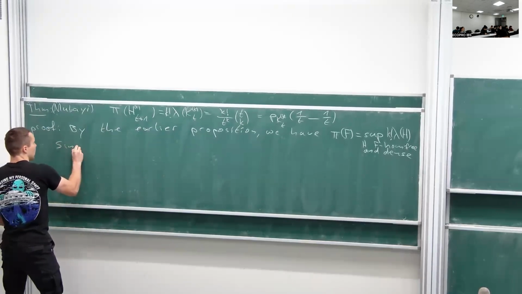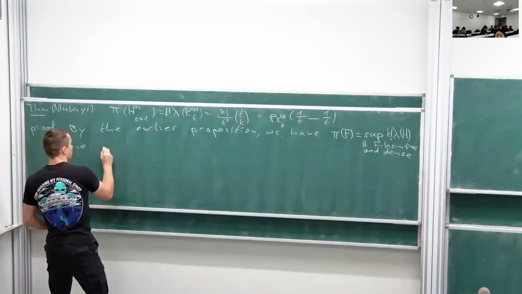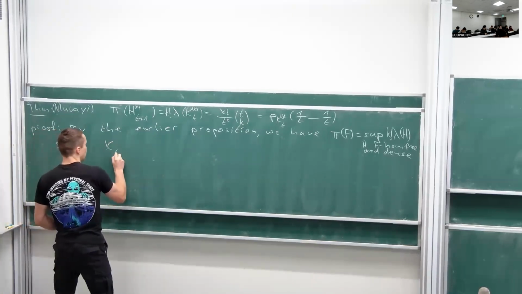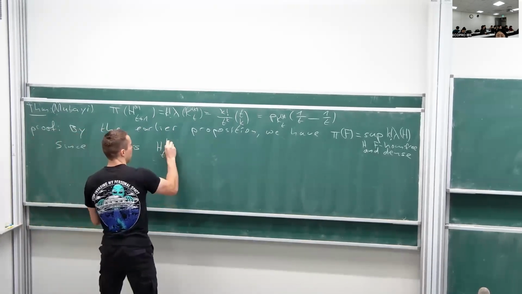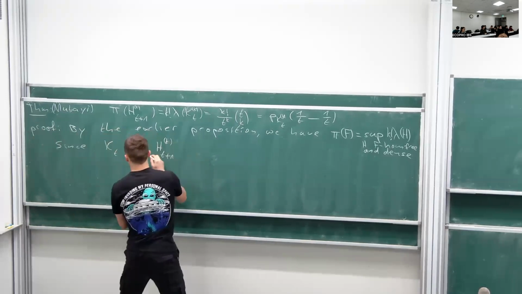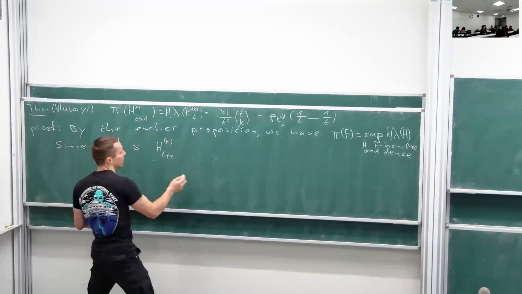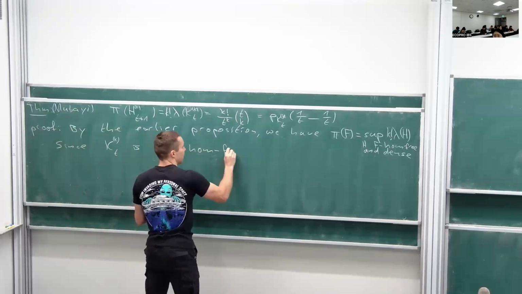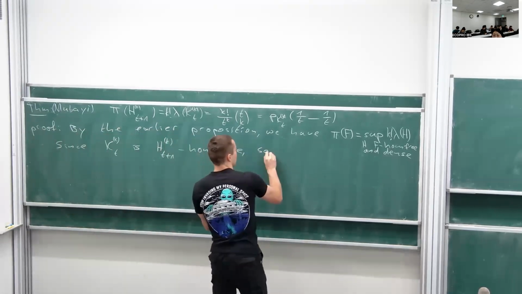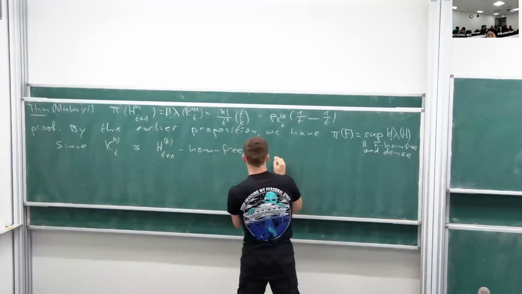So since K_t^k is H_{t+1}^k, this from 3, are all the blowups of that.